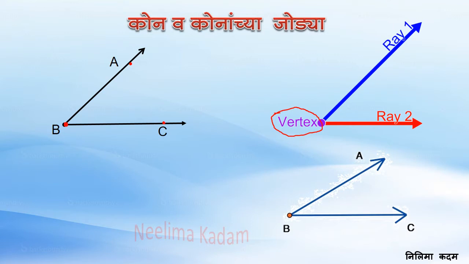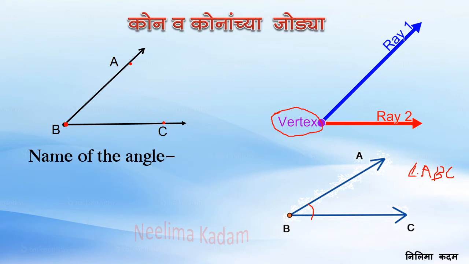Now in this figure, ray BA, we will read this as ray BA and not ray AB, right? Ray BA and ray BC together form an angle ABC. We will write it with the angle sign, angle ABC.